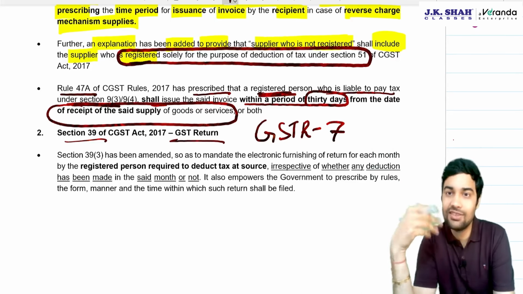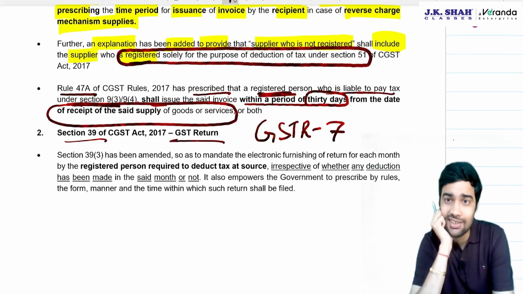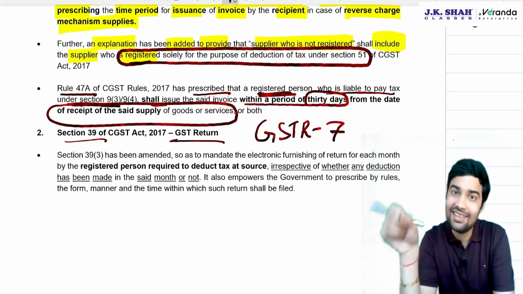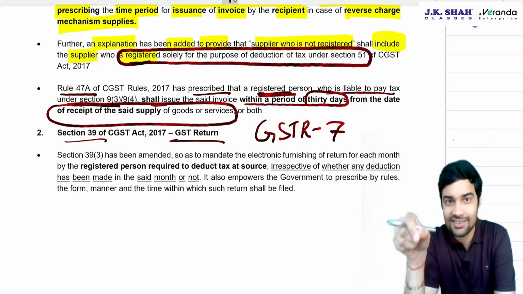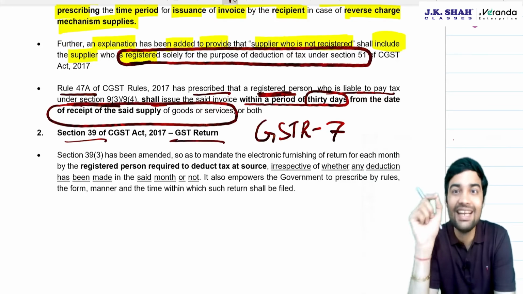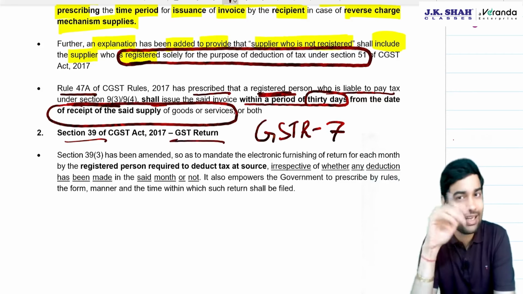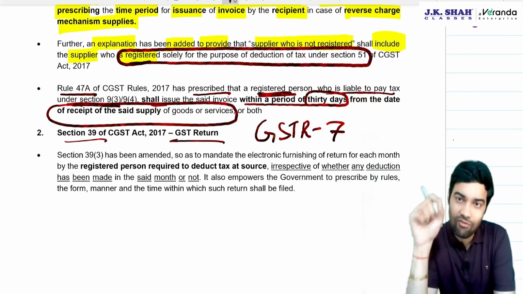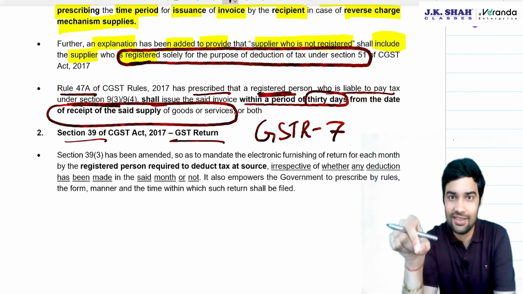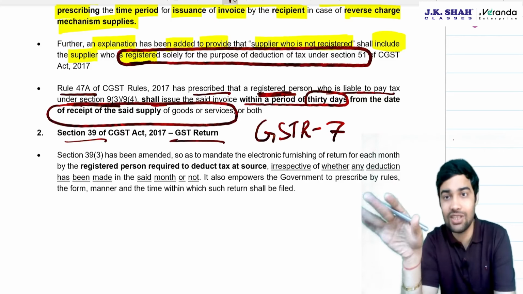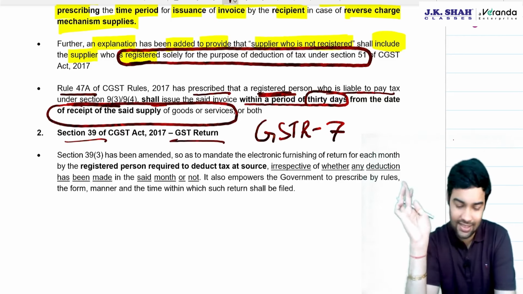They said that there is no deduction, why should we file a return? Law has been made to say that even if there is no deduction, you will have to file a nil return. The late fee for that will be nil. If you don't file it, late fee is nil. But you have to file a nil return irrespective of whether deduction is there or not.